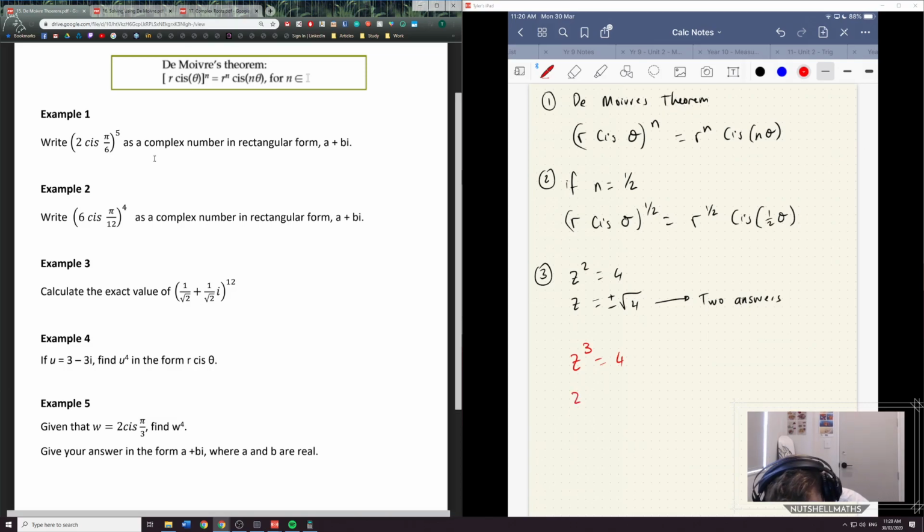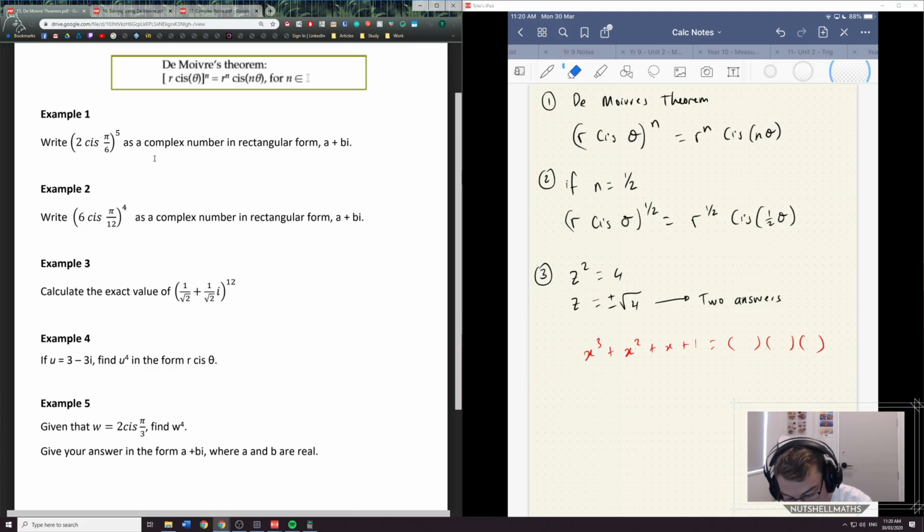And if I have z to the 4 equals 4, I have to have 4 answers, right? And we kind of know this from looking at quadratics, x cubed plus x squared plus x plus 1. We know that this turns into 3 brackets. Which is the fundamental theorem of algebra: the highest degree is the number of solutions.